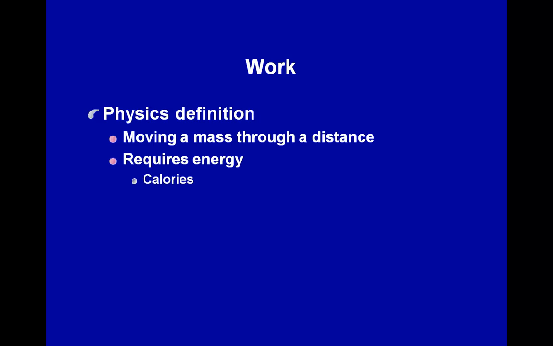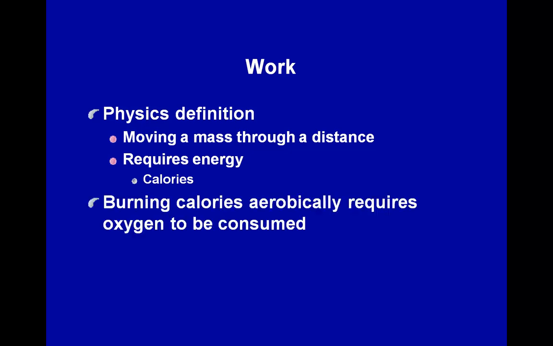When we talk about exercise, this can be described from a physics standpoint as moving a mass through a distance. Now certainly in order to do that it takes energy, and from an exercise standpoint that also includes burning calories. Now it just so happens that burning those calories aerobically requires consumption of oxygen, and that's what we're going to be looking at when we do exercise testing.